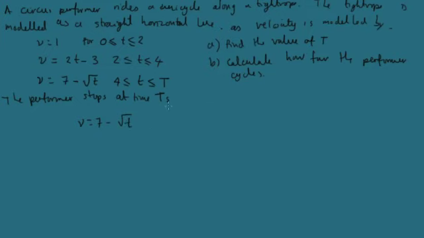At the end of the tightrope, at t equals big T, the velocity must equal 0 because the performer comes to a stop at that time. So 7 minus root T equals 0. Square root of T must equal 7, so T must equal 49 seconds.